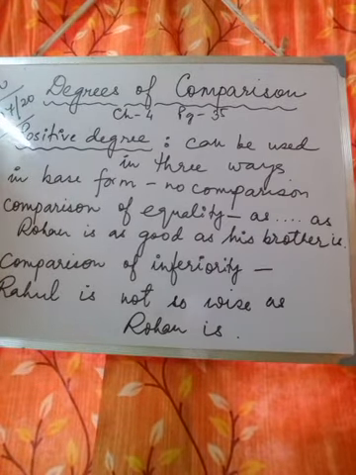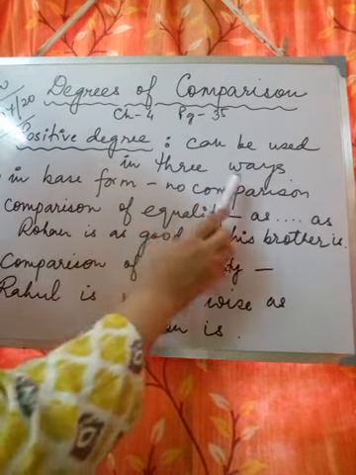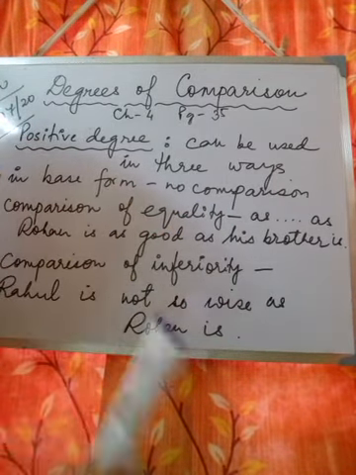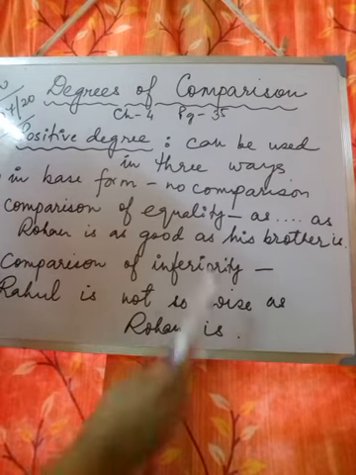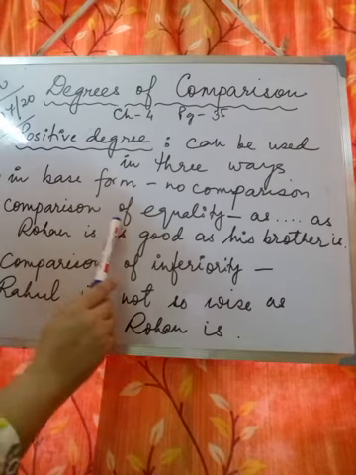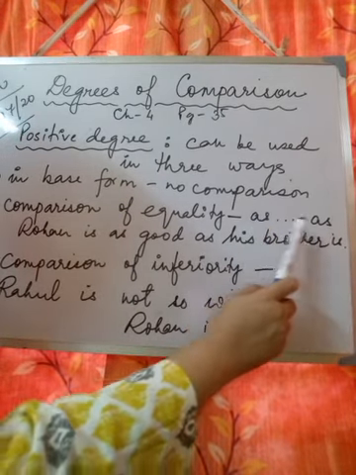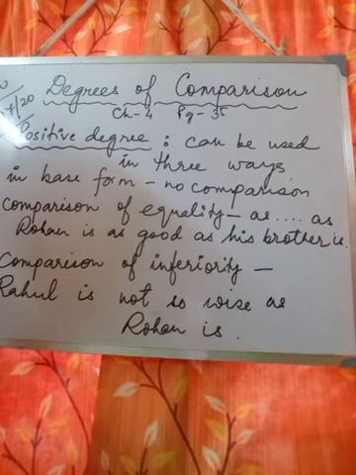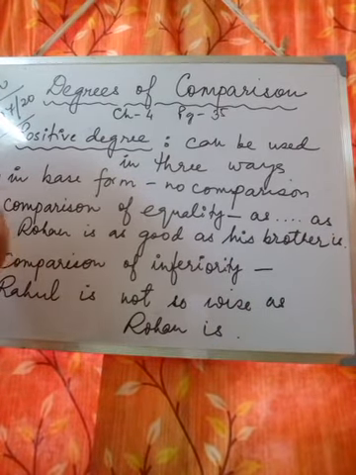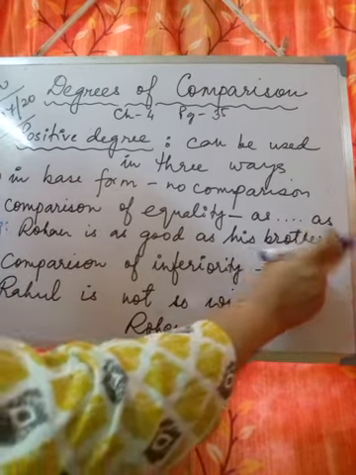Now coming to the use of positive degree, children. Remember, positive degree can be used in three ways. The first that we have already learned is the base form where there is no comparison. Second, comparison of equality where we use as before the positive degree and again as after the positive degree. Example, Rohan is as good as his brother is.